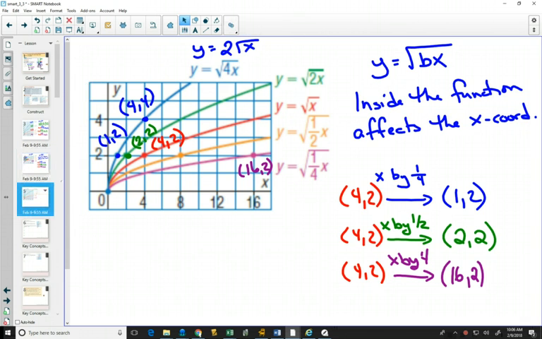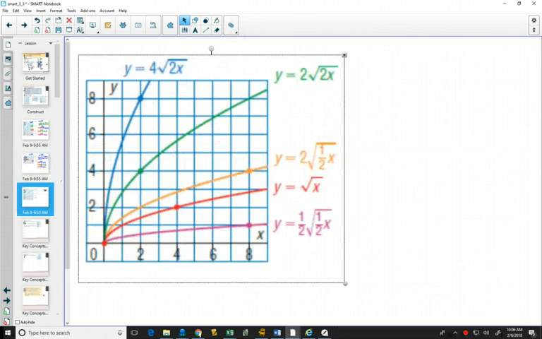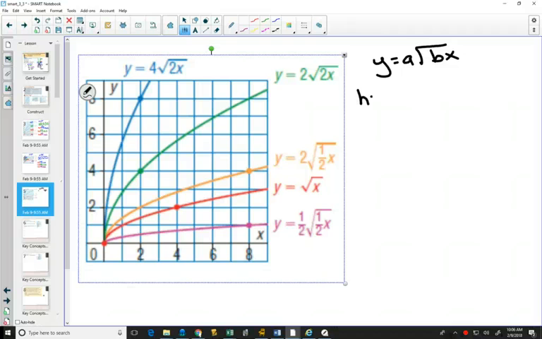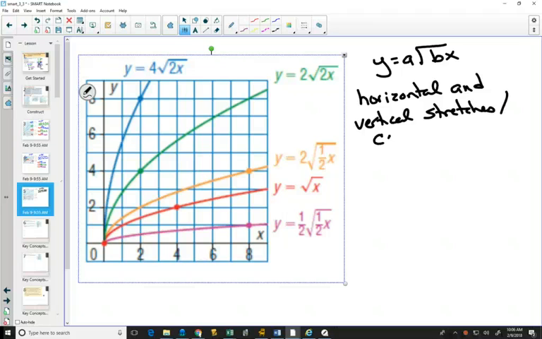And our last one to look at here is with both combined. So we've got both of these, so we will have horizontal and vertical stretches slash compressions.